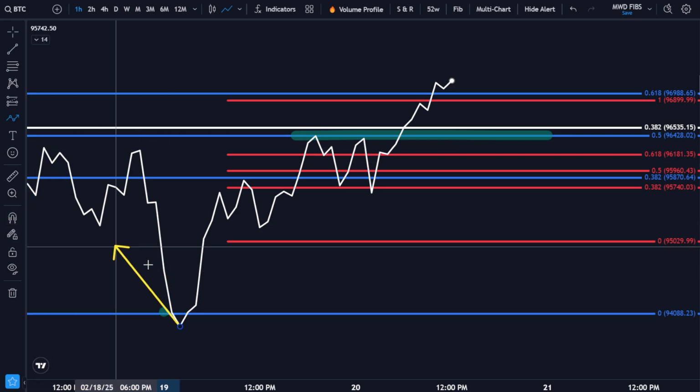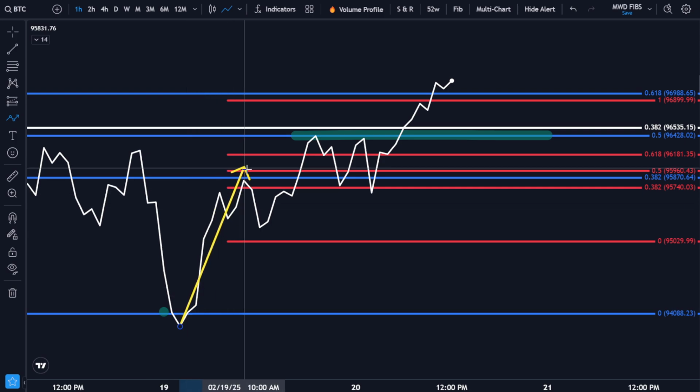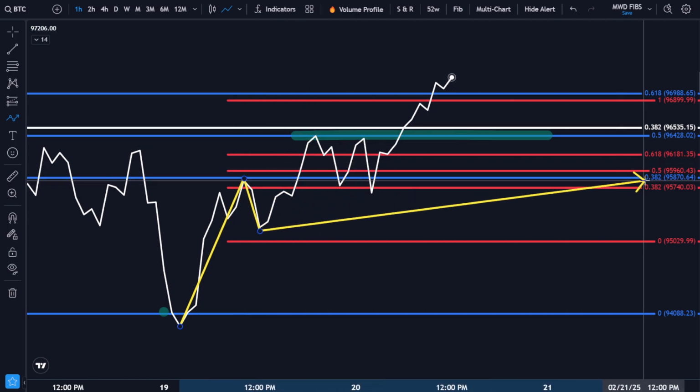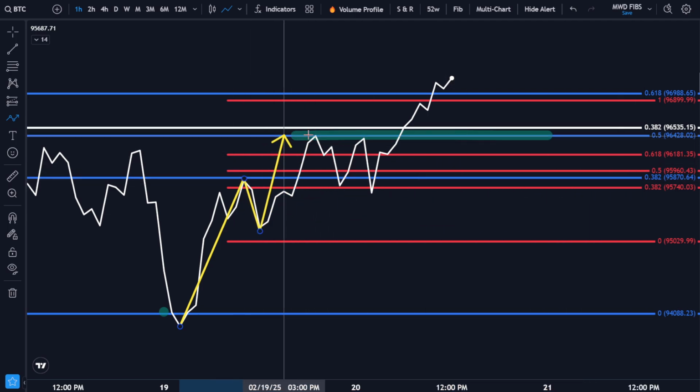Magnet. So this is the low, and it made a higher low, a higher high because it broke this level, this 0.382 fib, and then a higher low, a higher high again.